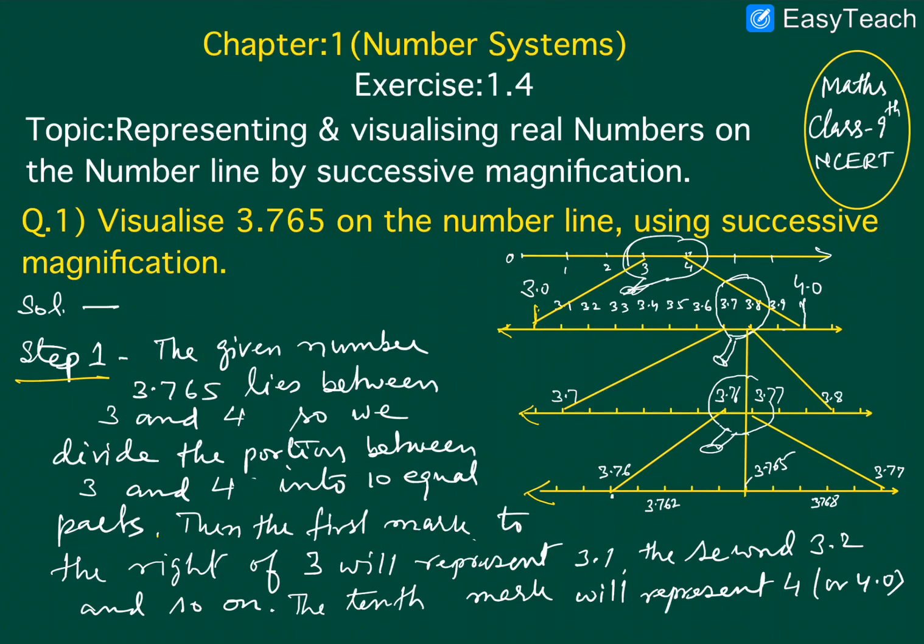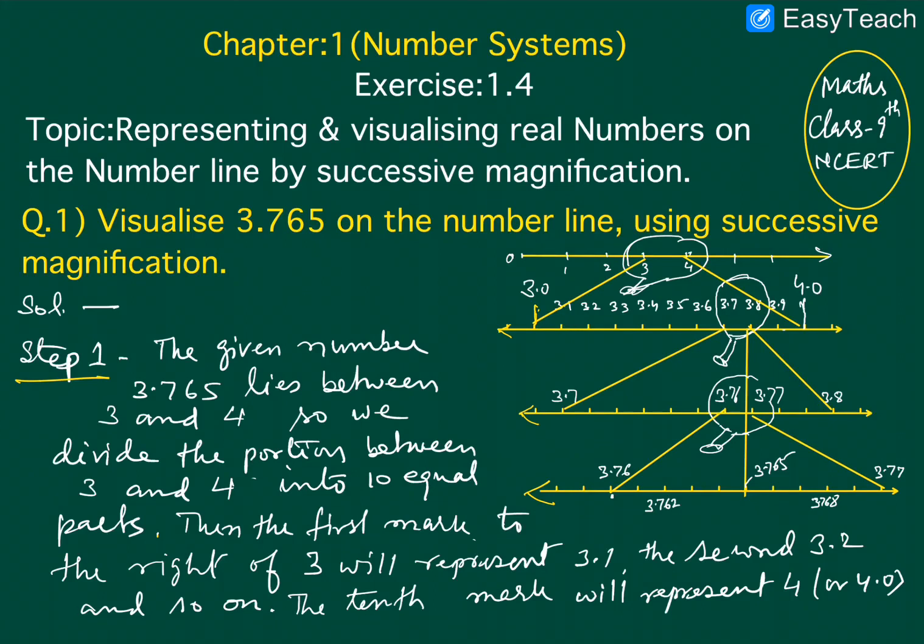Then the first mark to the right of 3, after magnification of the portion between 3 and 4, which we can assume appears like this.